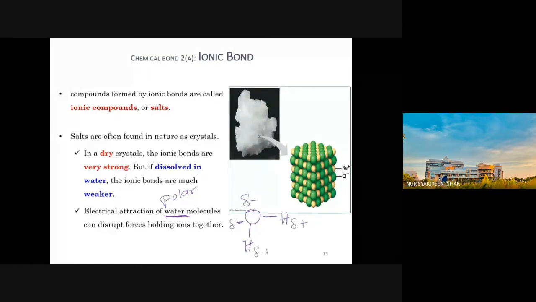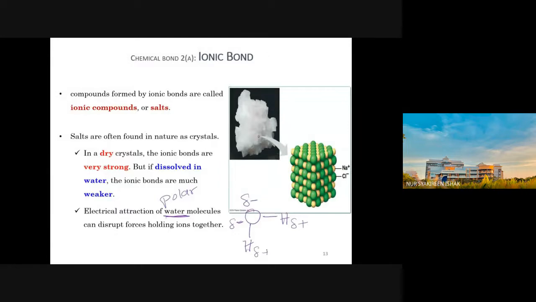Because the water molecule has both partial negative and partial positive charges, it will attract respectively the ions of the salt. So it means that when you put salt in water, it causes the salt to dissolve.